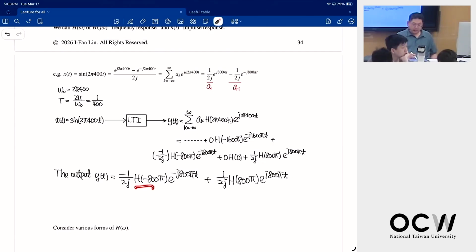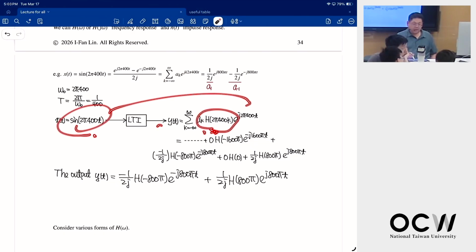Now we have already known that the input and the output are similar, except there's the frequency response, this H of omega.